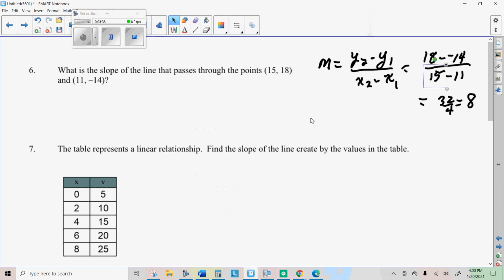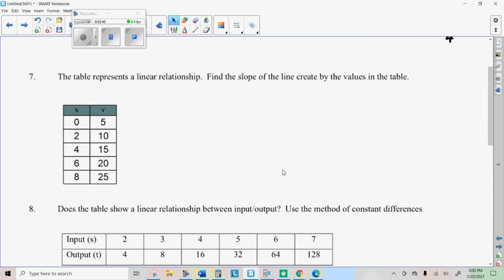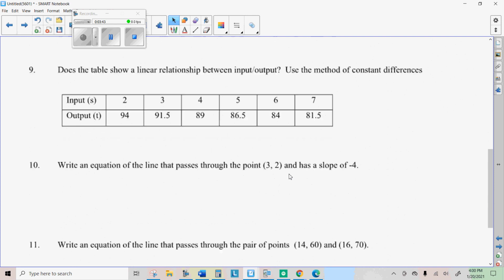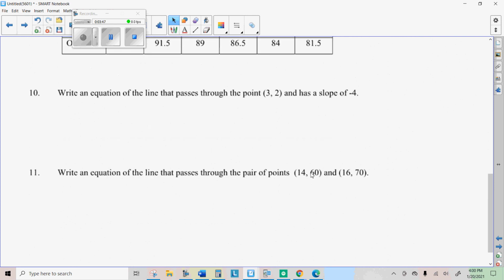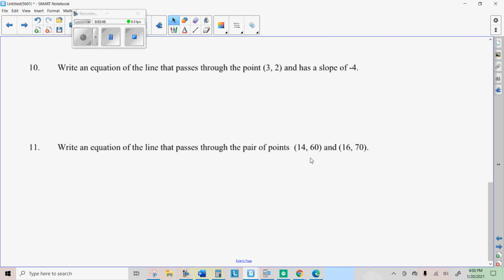Okay. Another one I wanted to go over is number 11. You can do the same thing we just did. We can go to our calculator and put these 2 points in and figure it out that way. I mean, you can do it by hand also, and maybe I'll show you that during the meeting.